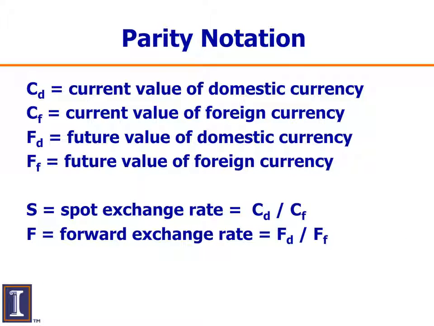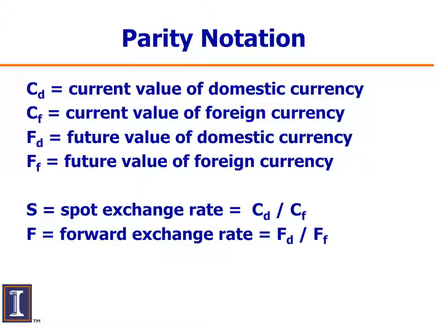I'm going to give an example of this, and let's just put together some notation here. Let's say the current value of a domestic currency is C sub D, the current value of a foreign currency is C sub F, and then the forwards. Here the spot exchange rate is C sub D divided by C sub F. Again, if this was US versus Euro, this would be the spot exchange rate.